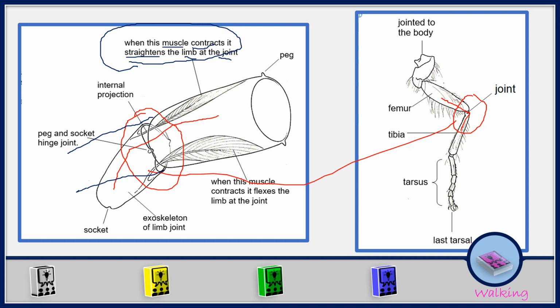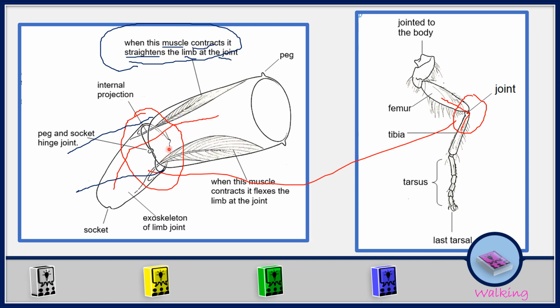But now when you look at these 2 muscles, this one and this one, you can know that the muscle which is contracting is this one, because this one is very thin and this one is large.